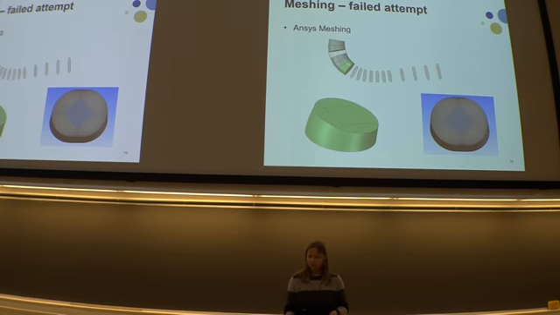I have also learned about meshing, and this is actually what I used the whole October month for, which was a failed meshing attempt, where I tried to construct an O-grid mesh, because that will give low CPU time for a good mesh resolution.